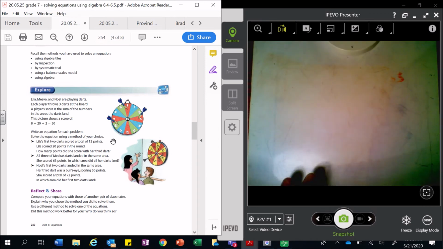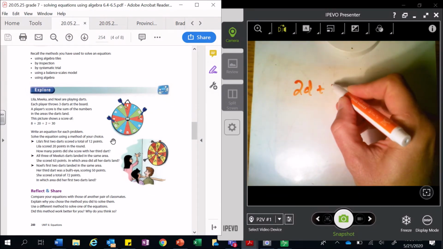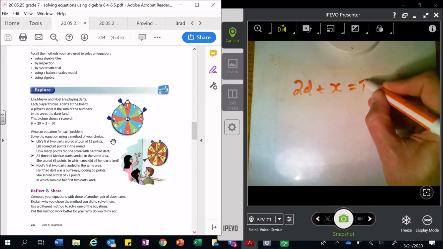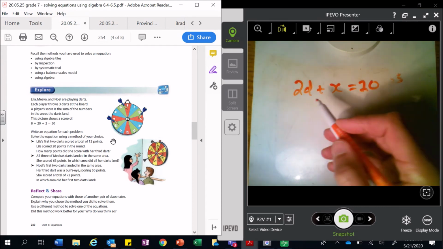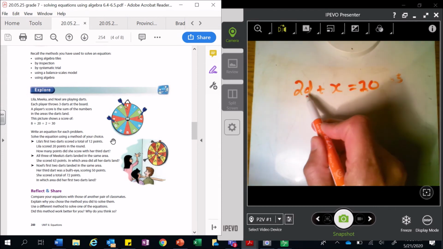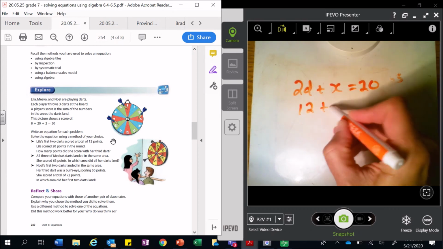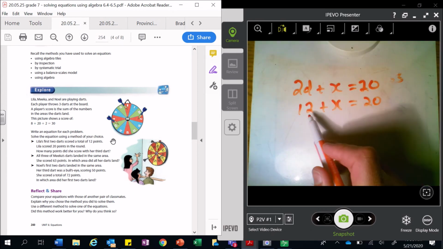Hold on. We've got 2 darts plus, I don't know, equals 20 points. Now we're not sure what the 2 darts were individually, but we know that 2 darts is equal to 12. Plus, I don't know, equals 20. So the first 2 darts are this.